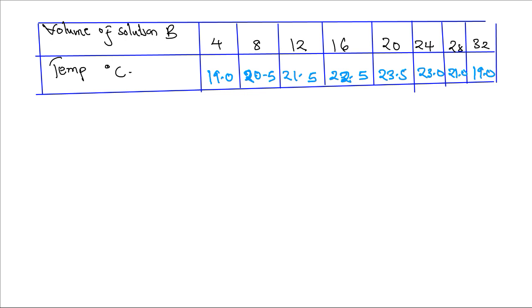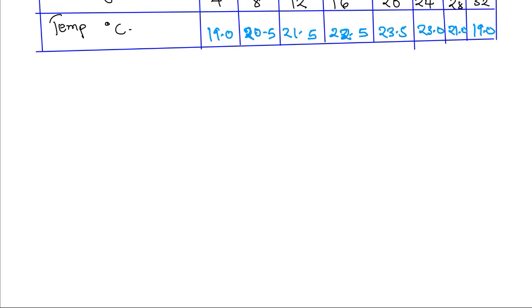We want to use this data to draw a graph, and that graph will be the one to represent all the enthalpy of neutralization graphs. Just the trend, or rather the way in which those graphs should be.